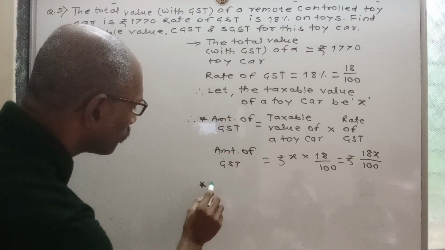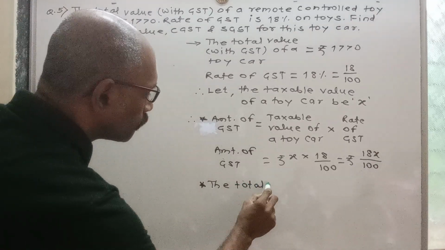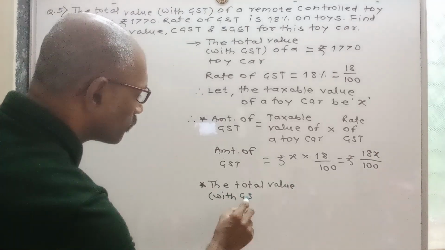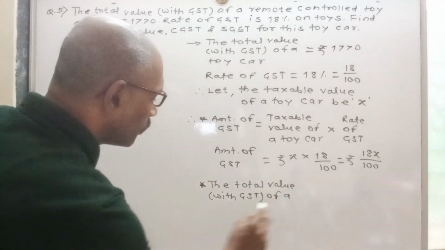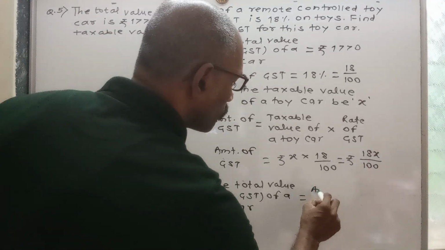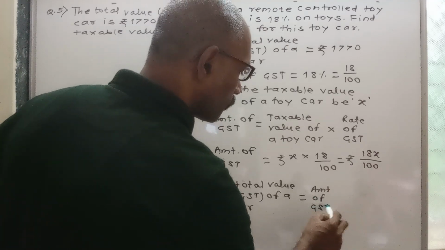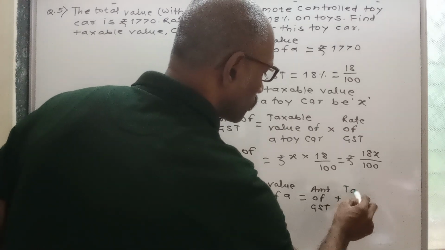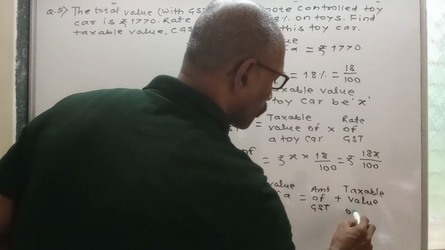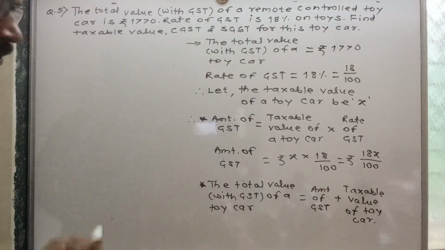So we write here: the total value with GST of a toy car is equal to amount of GST plus taxable value of toy car. We apply this formula.